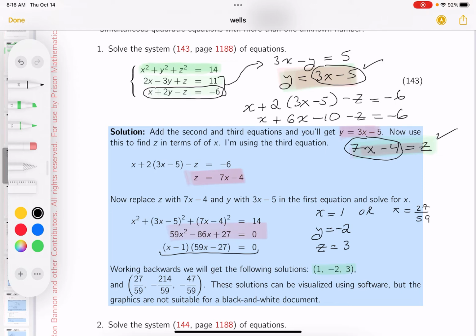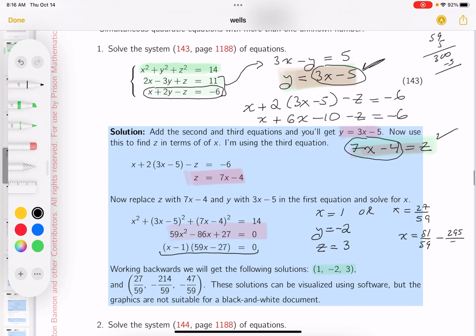The other one is going to be, let's see, x equals, this is more difficult to do. Well, 3 times 27, right, I'm doing this over here, is 81 over 59 minus, well, I got to do 5 times 59 now, right? I'm just going to do 5 times 60, which is 300, minus 5, which is 295.